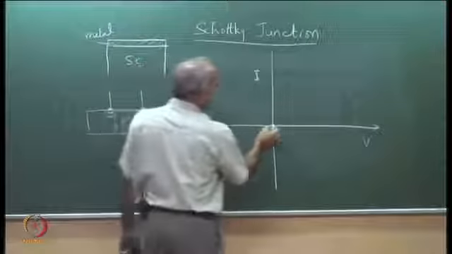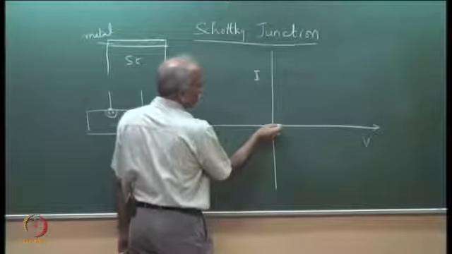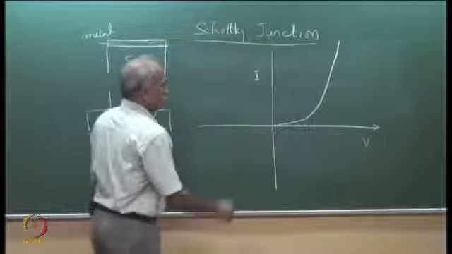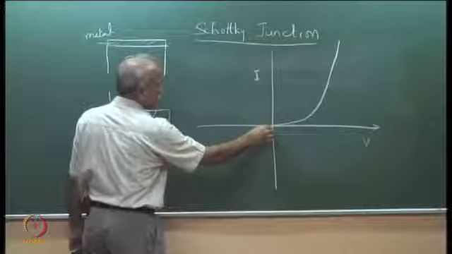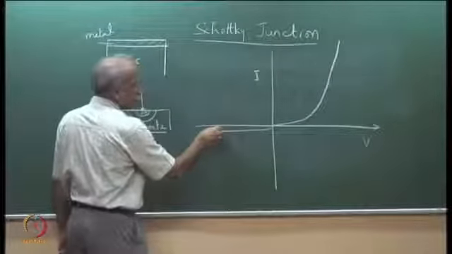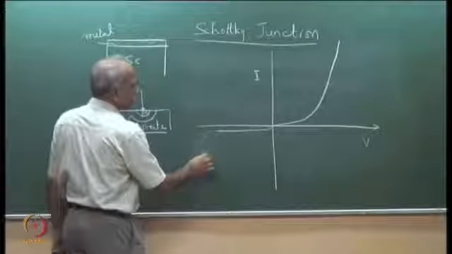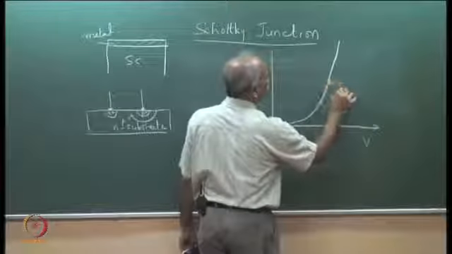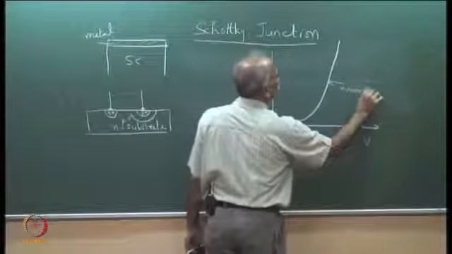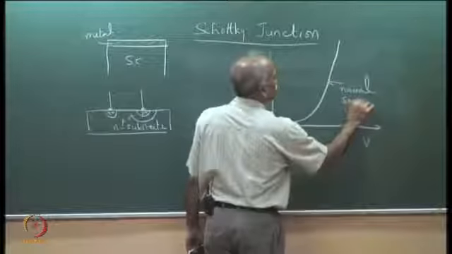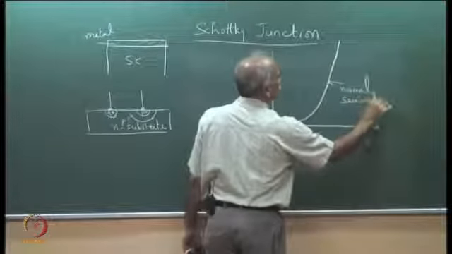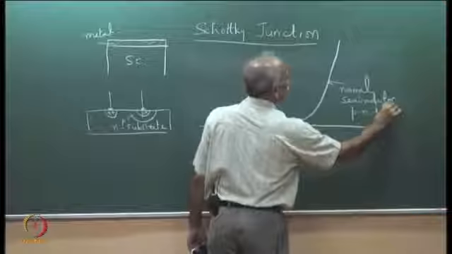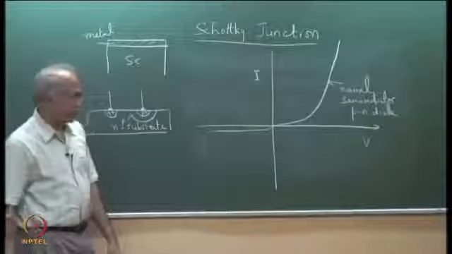If you take a diode, we know the forward characteristic and the reverse characteristic, then almost saturated, and finally of course it breaks down. This is a typical, normal semiconductor PN diode characteristic.